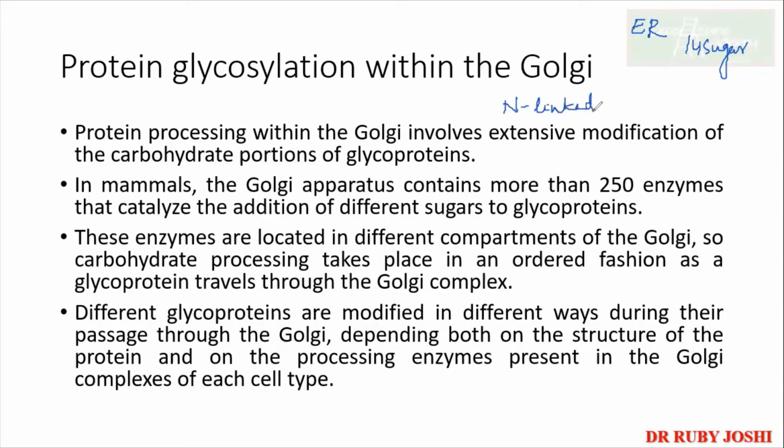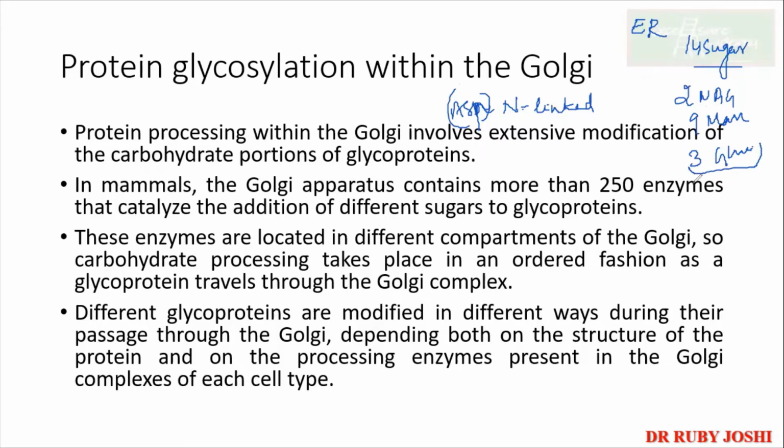I told you to remember, right? In ER, N-linked. It binds to asparagine, sorry, N, it is N. Asparagine, it will bind N-linked. So what are the 14 sugars? 2 N-acetyl glucosamine, 9 mannose, and 3 glucose, right? Of which we said that the 3 glucose gets removed on further modification.